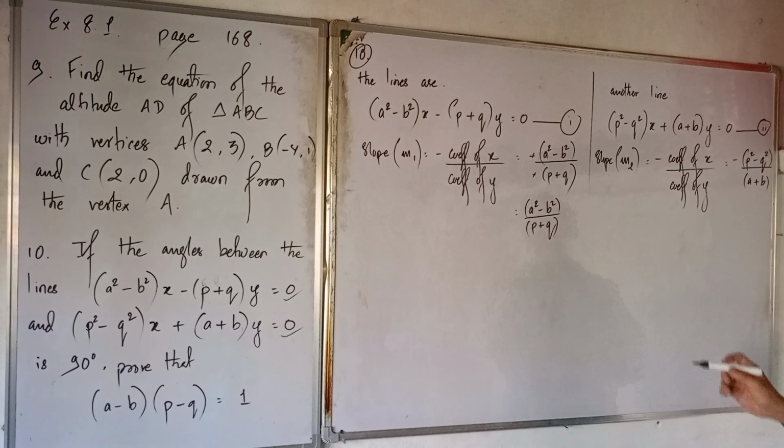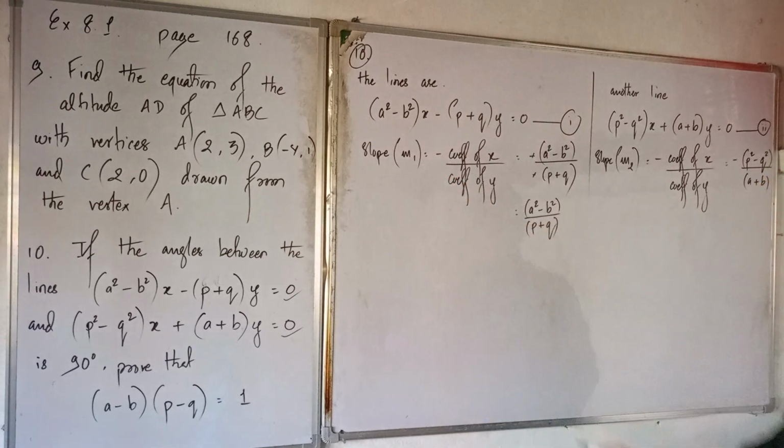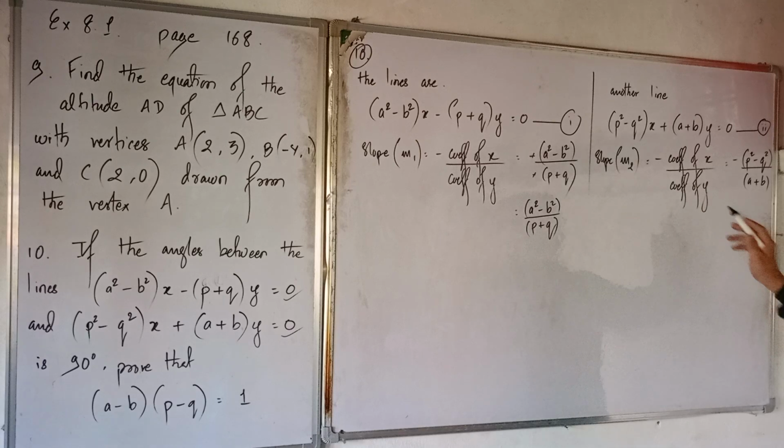Here for m1 we have (a square minus b square) over (p plus q). Here m2 we have minus (p square minus q square) divided by (a plus b). If you want to make this positive, p square minus q square can be written as q square minus p square, and this minus sign will become positive. So it is (q square minus p square) over (a plus b).